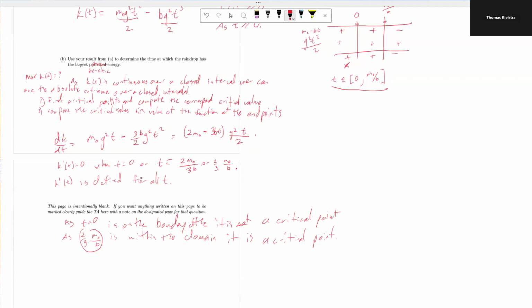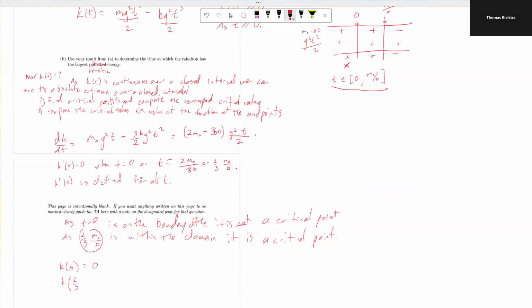And the absolute extrema closed interval test tells us to check the critical values, which is plugging the critical point into our function, along with the endpoints. So K of 0 equals 0.